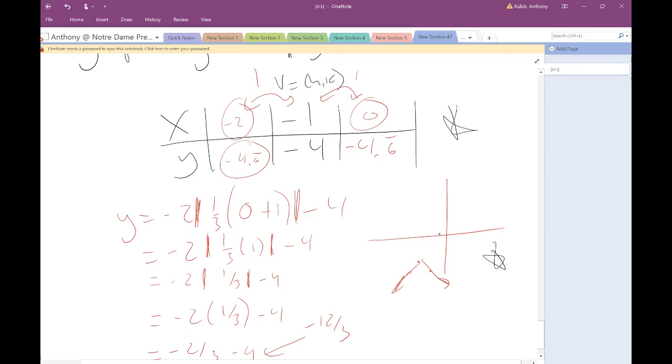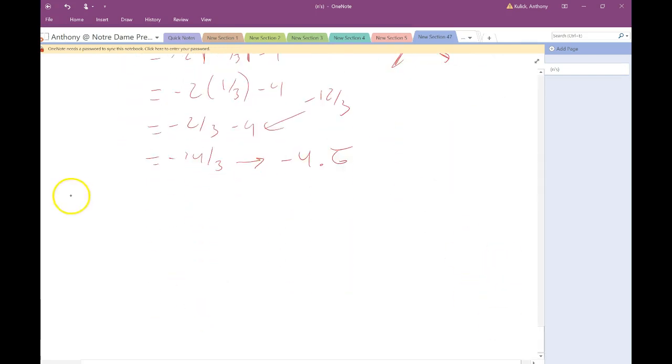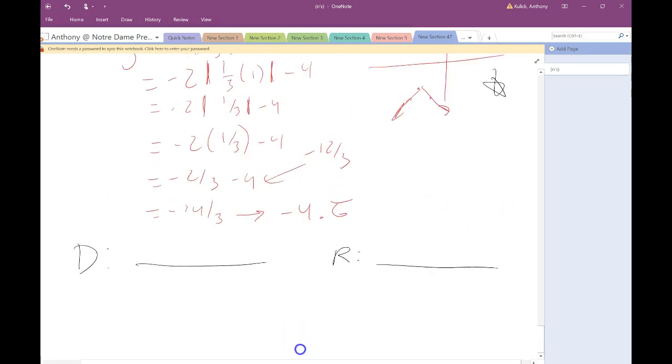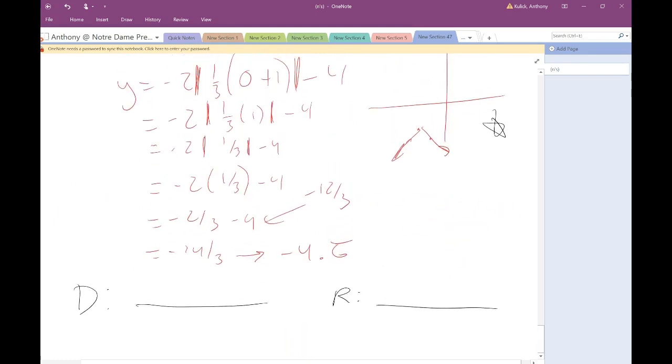But okay, so far? We also would ask you for the domain and range for something like this. I could certainly ask you to do that. So if we go back, the easiest way to do this is to look at our graph, right? So if I look at this graph over here, what's the domain going to be? Domain is about which coordinate?